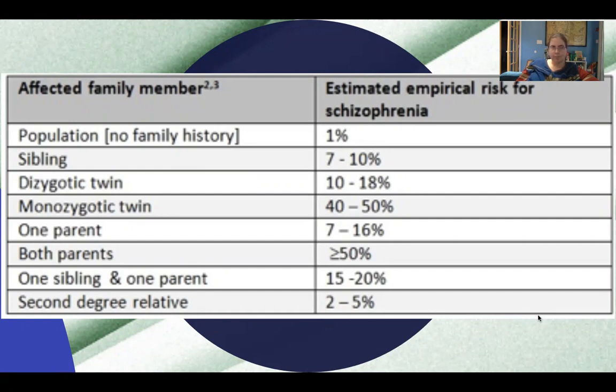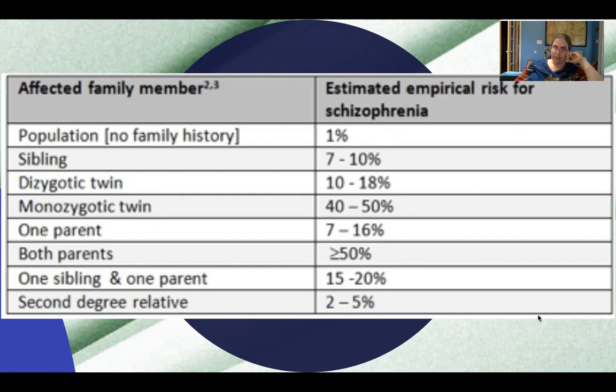If one parent has schizophrenia, then the child has a 7 to 16% chance of developing it. If both parents have schizophrenia, then there is a greater than or equal to 50% chance of the child also developing it.